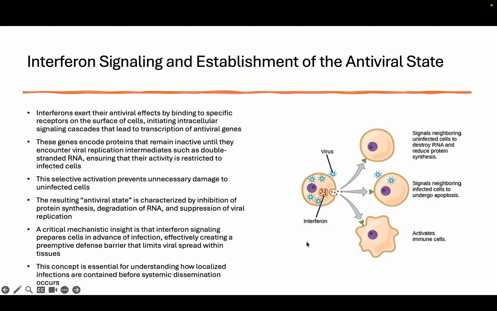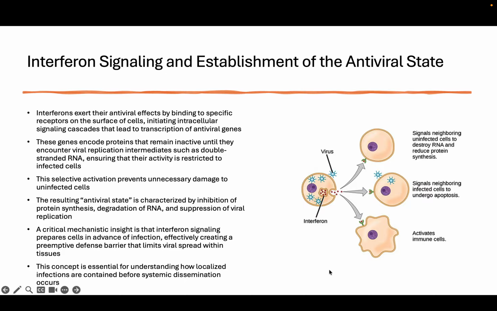When interferons go out, they start binding to many different types of receptors. They could be their own receptors, so autocrine, or other cells, which is paracrine. Once they bind to the alpha and beta receptors, they put these cells into an alarmed state. They start to produce a lot of these ISGs, as we said, these certain proteins that are stopping replication in general.